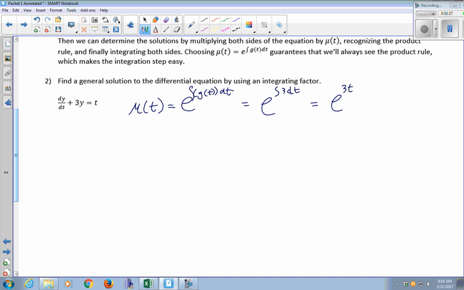My next step is to rewrite my differential equation: dy/dt plus 3y equals t. Then I multiply both sides of the equation by the integrating factor I just figured out, e to the 3t.